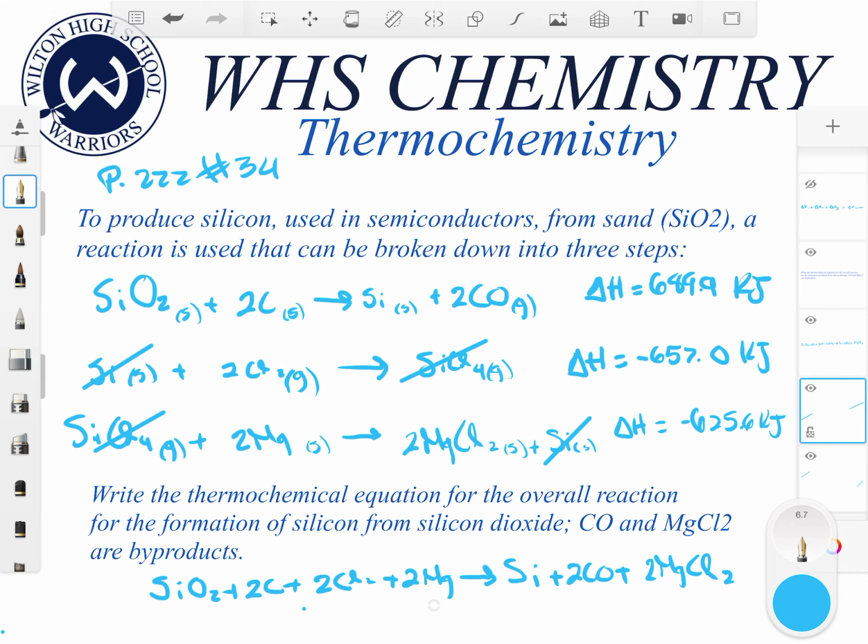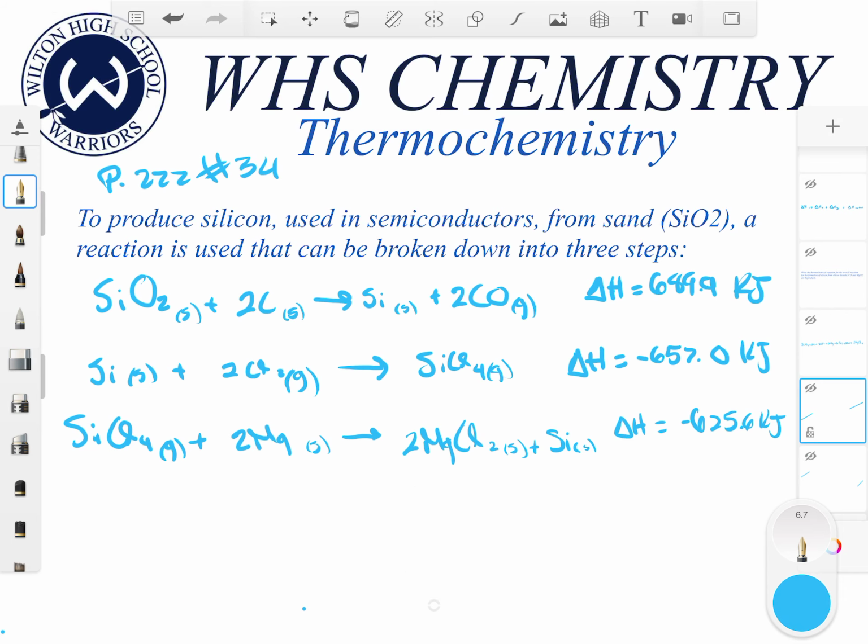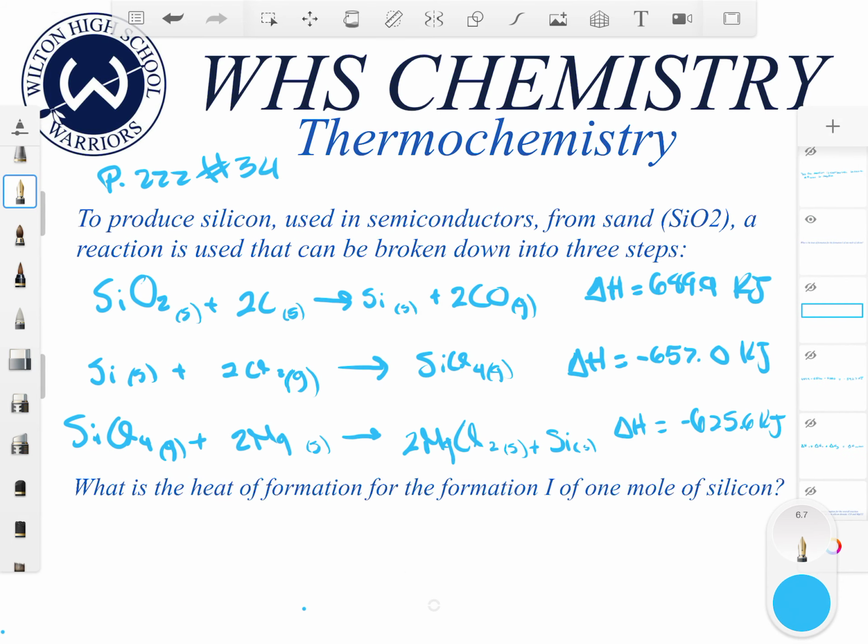All right, now we can move on to the second part of the problem. The second part asks us what is the heat of formation for the formation of 1 mole of silicon. To find the heat of formation for 1 mole of silicon, you want to think about that overall thermochemical equation we just solved for, but also we need to use the given delta H values.